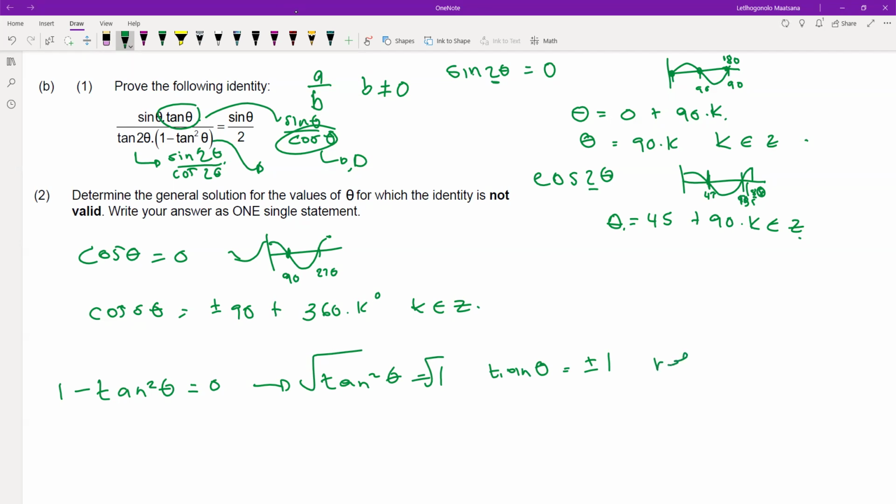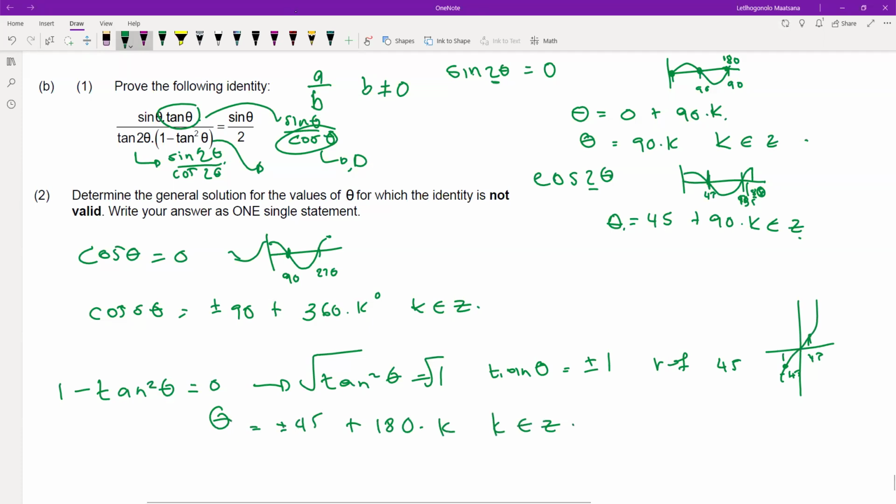Our reference angle for this would be 45, because we get negative or positive 1 at 45 and minus 45. So therefore our theta would be equal to plus or minus 45 plus 180k, as 180 is the period of our graph, where again k is an element of all integers.